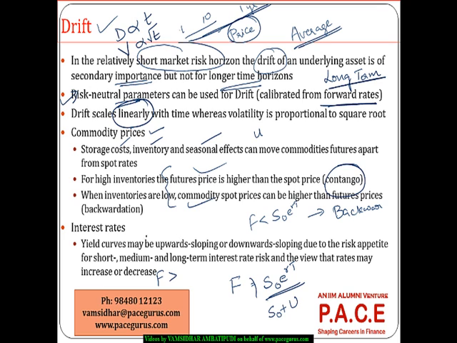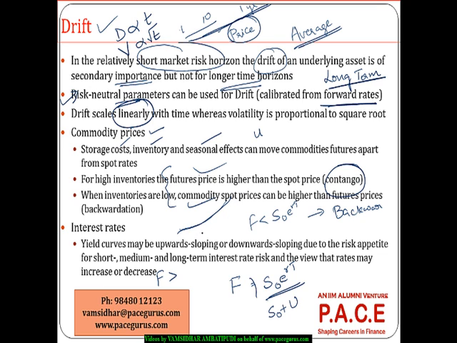The interest rate similarly. The yield curve is either sloping upward or downward. We know the different term structures of interest rates. The theory is guiding the term structures of the interest rates. They can be either going upward or downward.